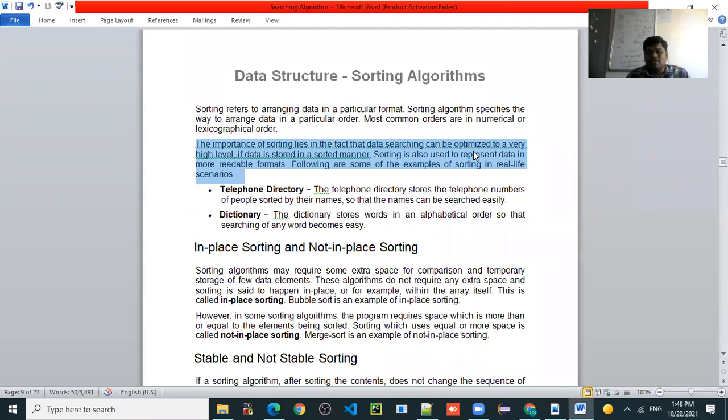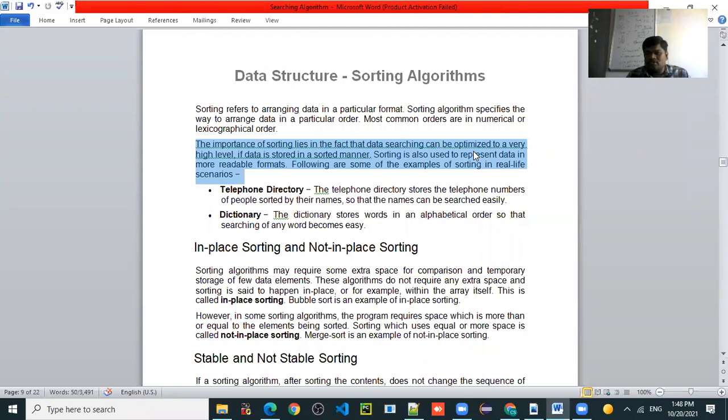By considering all these things, we are searching for the words in a dictionary, right? So this is one example. For that purpose, searching as well as sorting is very important. For a better search, the sorting of the list is very important, right?